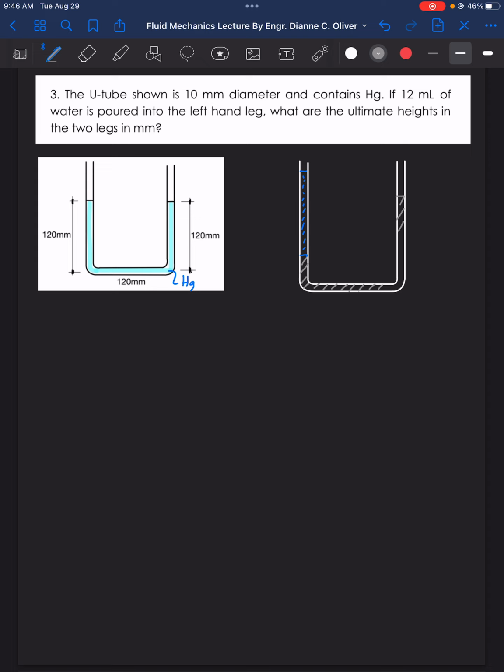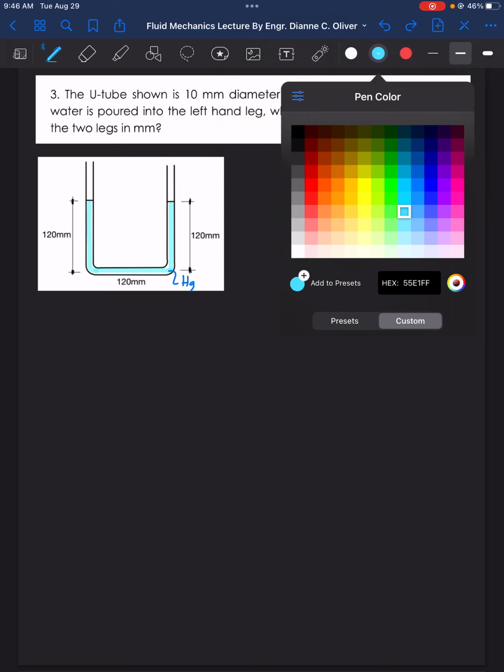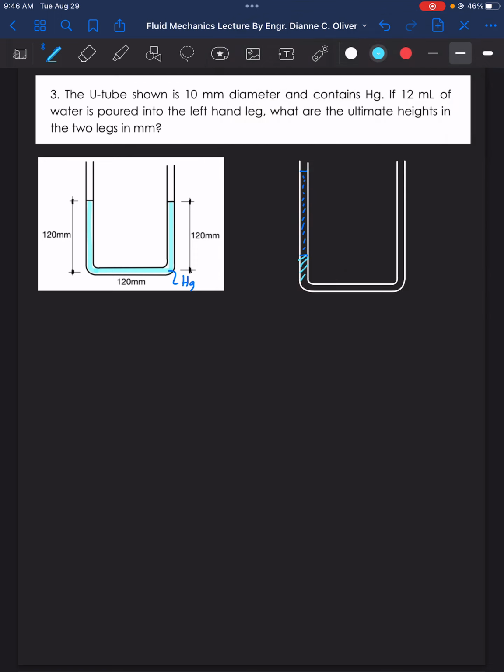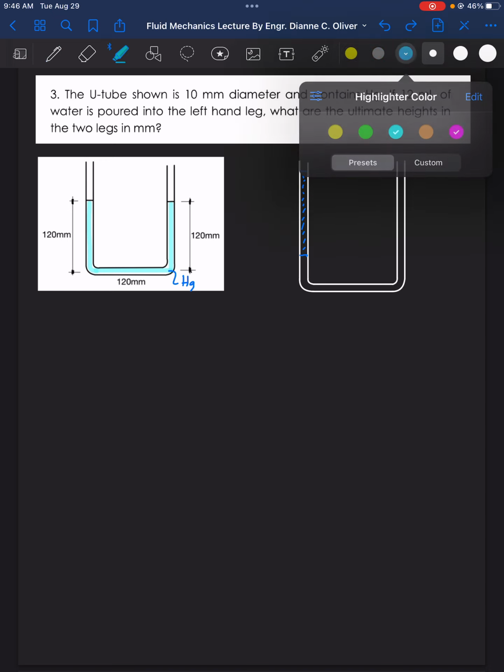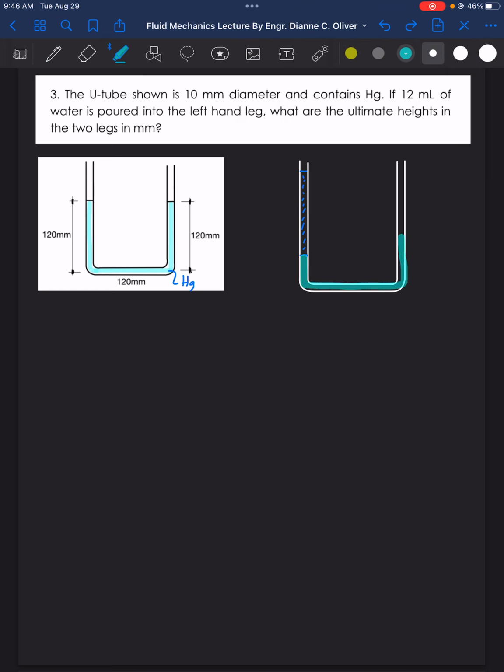Let's say it ended there. So the question here is, what is the final height?